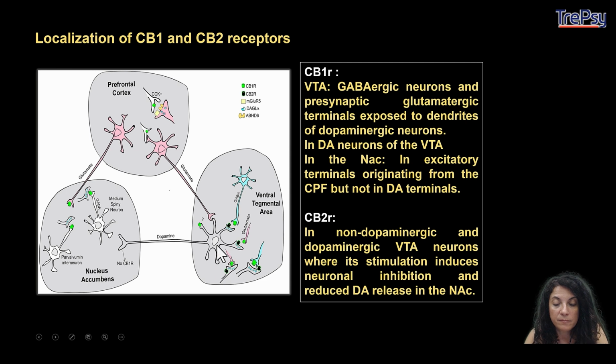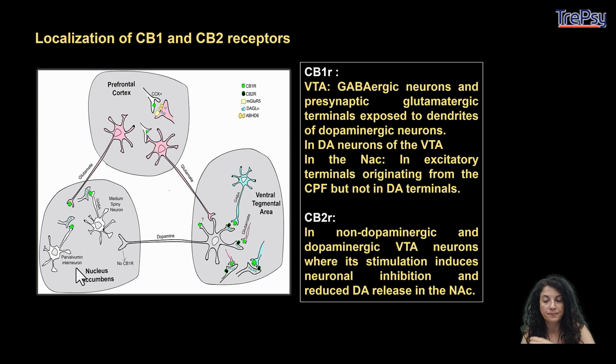And then in dopaminergic neurons and in the nucleus accumbens, we can find the CB1 receptor in inhibitory GABAergic neurons, parvalbumin-positive neurons for example, and in the excitatory terminals from the prefrontal cortex.